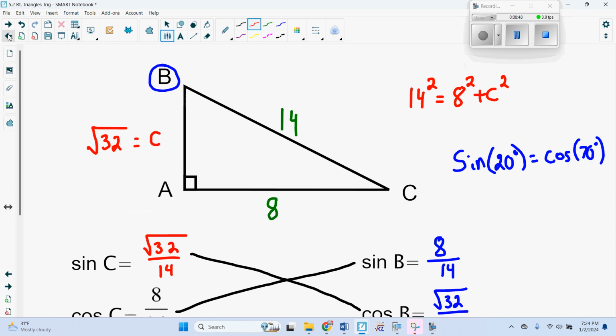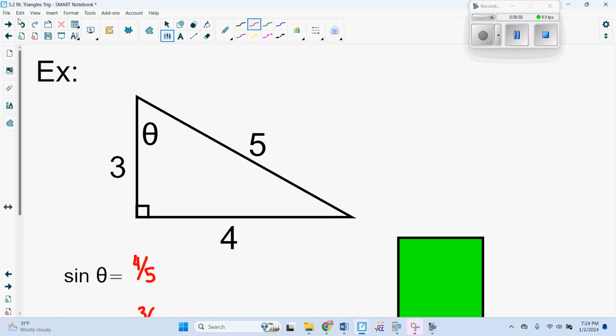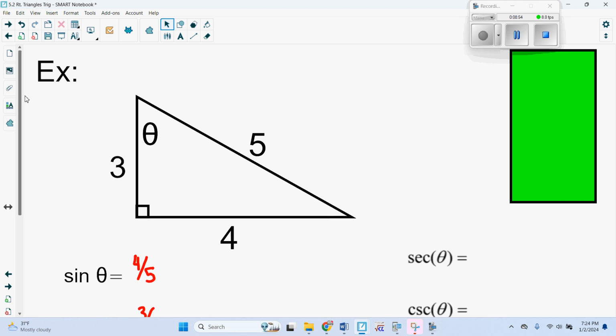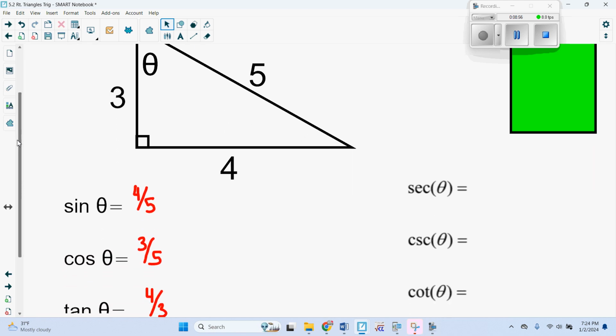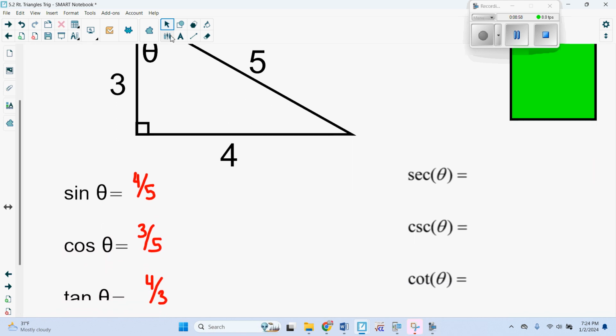So let's go back to here. Let's say we want to look at secant, cosecant, and cotangent. If we know cosine is 3/5, we know secant is 1 over 3/5, which is just equal to 5/3.